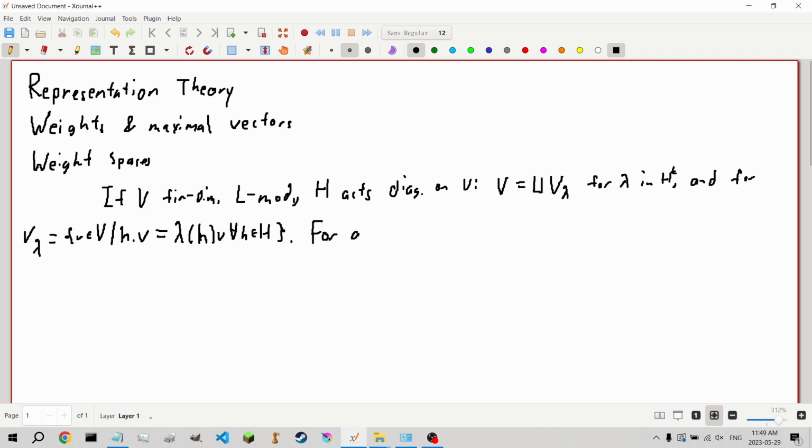For arbitrary V, the subspaces V lambda are still well defined.